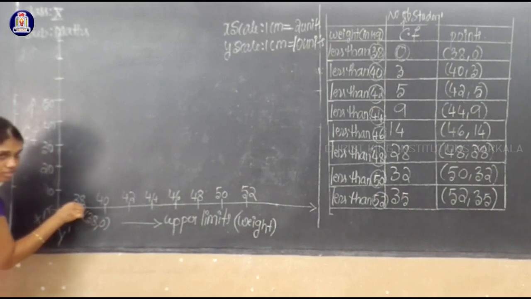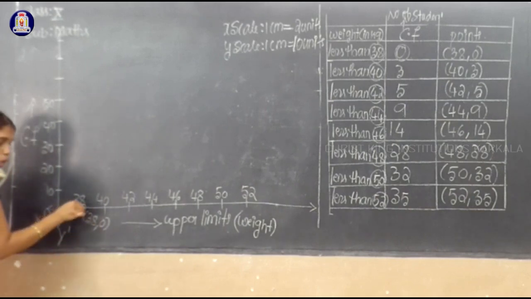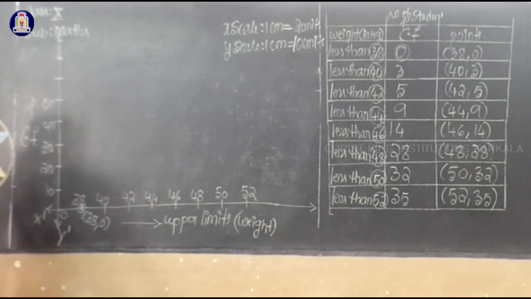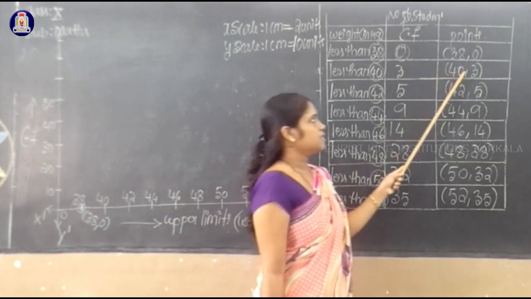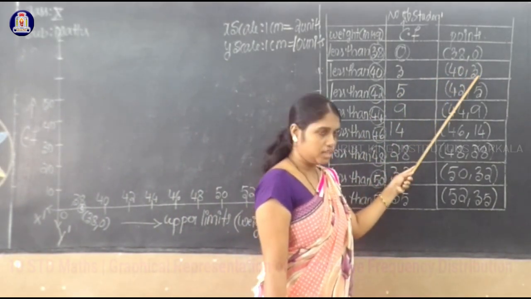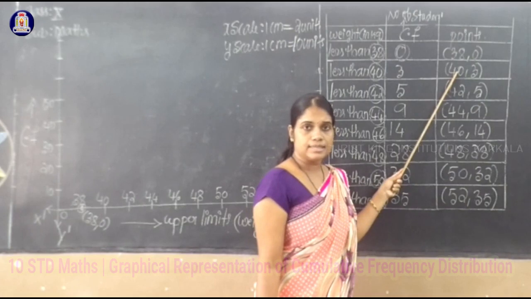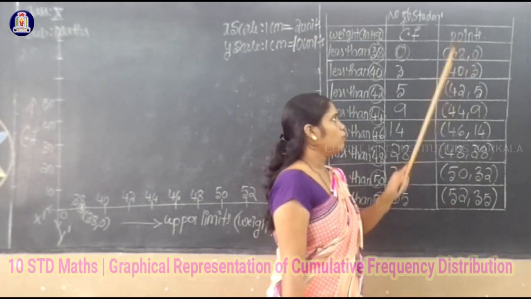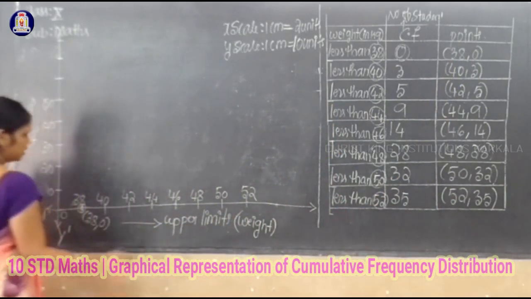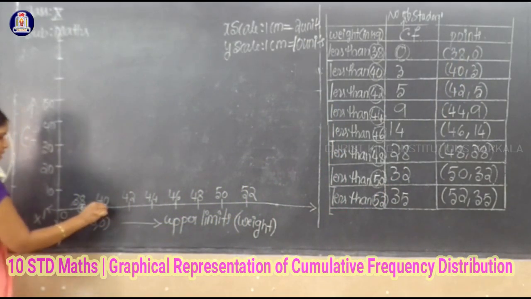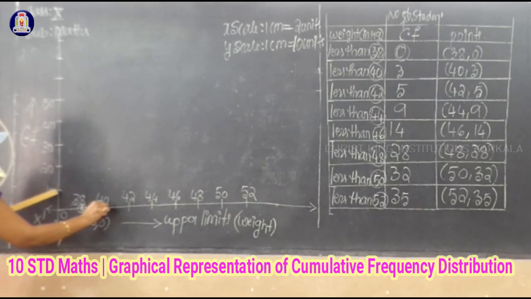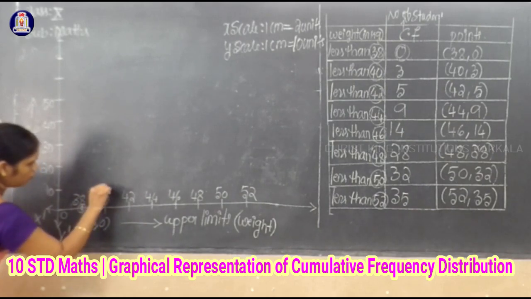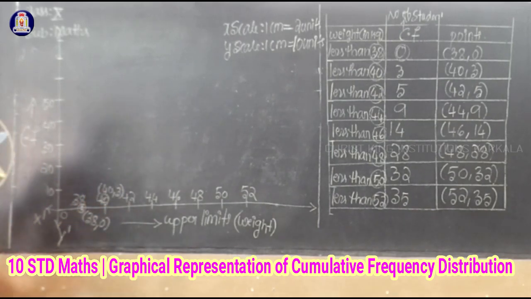Next, second point, 40, 3. Your x coordinate is 40 and your y coordinate is 3. Between 0 to 10 you have to mark, so somewhere here it may come.